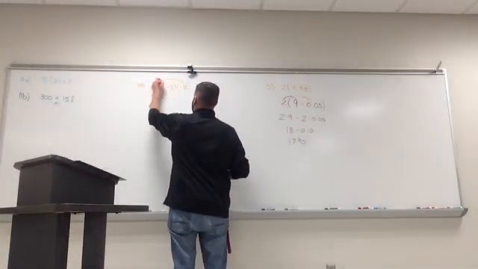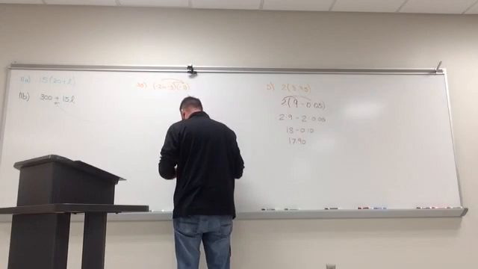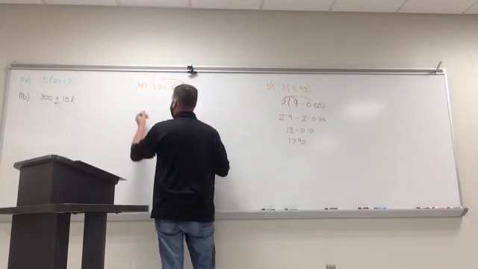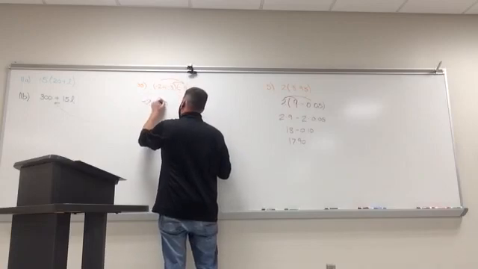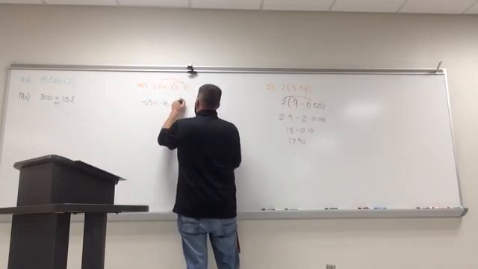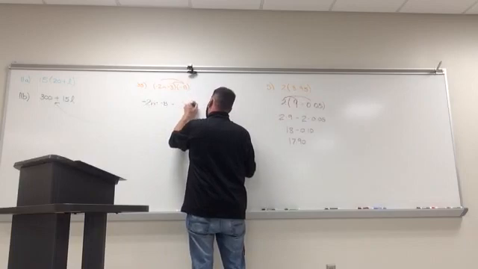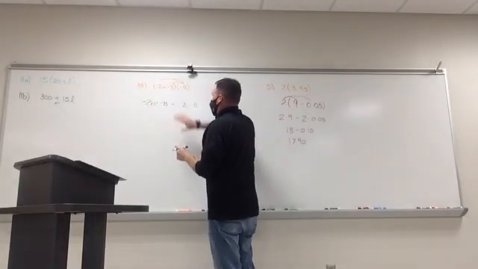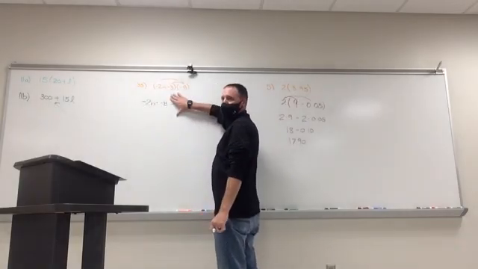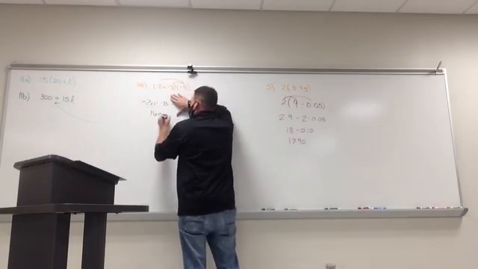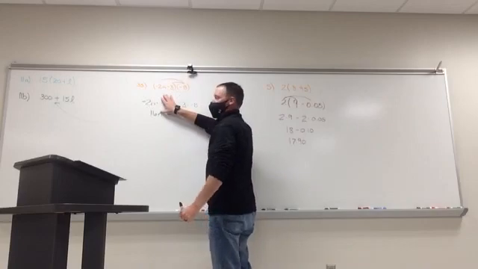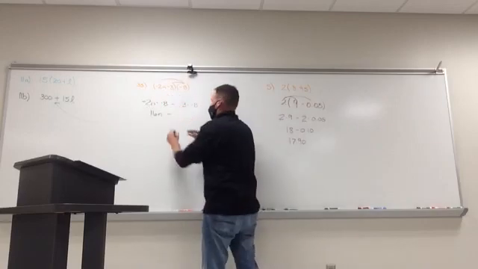So as I go to distribute here, we're going to take negative 2n, and this is going to get multiplied by a negative 8. And then I'm going to minus 3 times a negative 8. Well, first of all, let's start here. What's negative 2 times negative 8? 16. So this is going to give me 16n. Minus, what's 3 times negative 8? Negative 24.